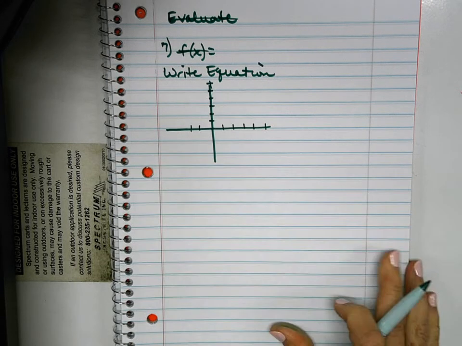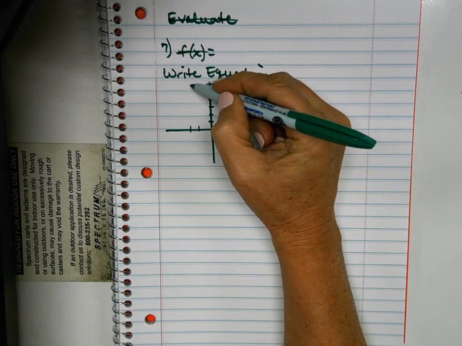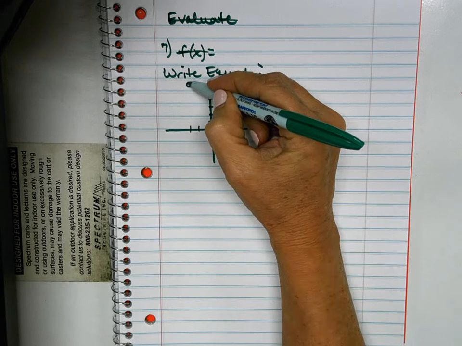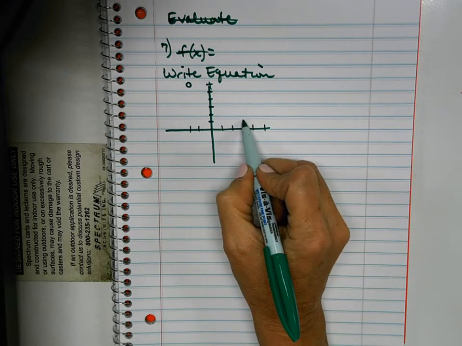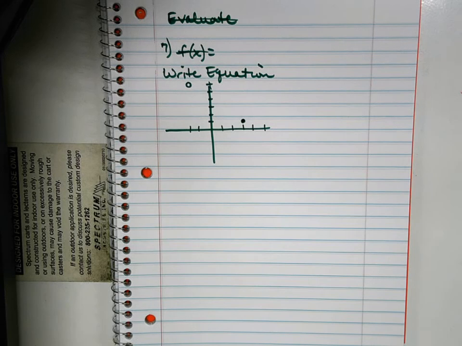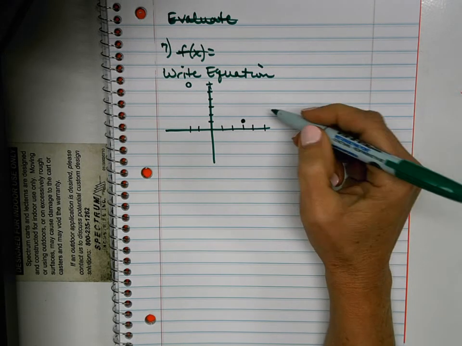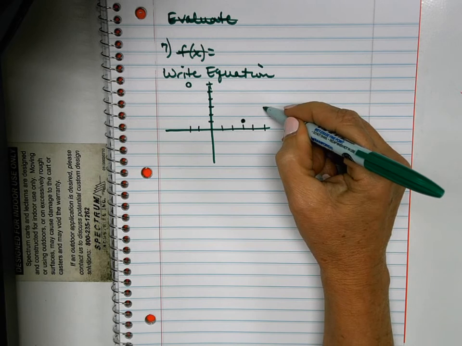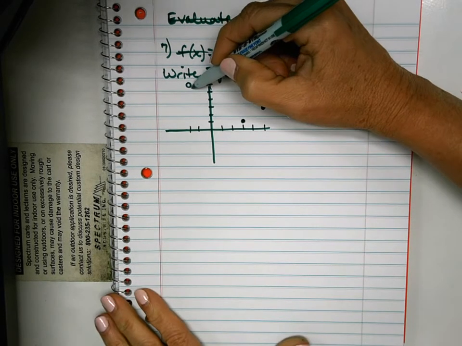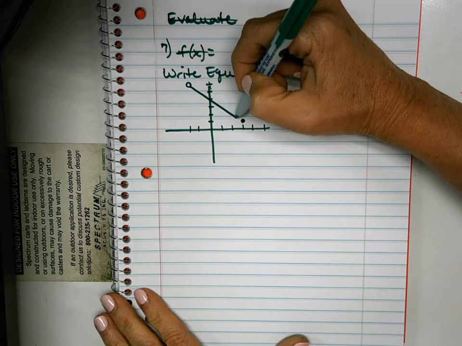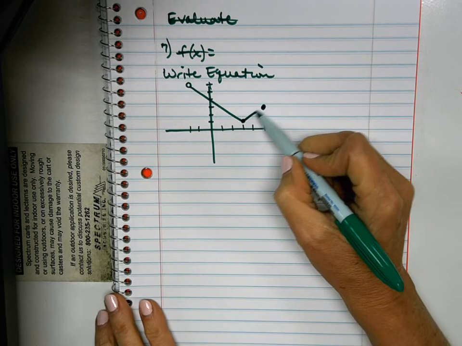At -2, 6, put an open circle. 3, 1 is going to be a point that you're going to be able to see pretty easily. And 5, 3 is a point you're going to be able to see. And it's solid. And then it's going to kind of look like a check mark backwards. Okay, so this would be given.